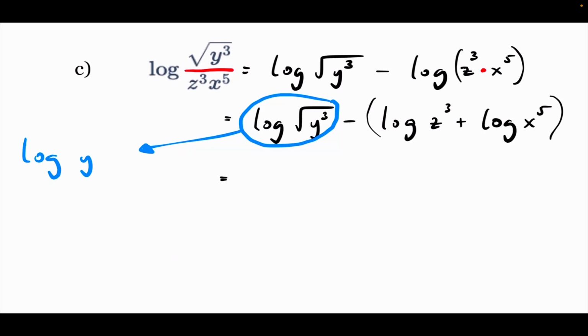No, you're close. What power would I have to give Y if I wanted to get rid of the root? 3 over 2. 3 over 2. Because 3, it's got the power, and then 2, you guys were saying 2. That's right, but it goes on the bottom. So this is the same as 3 over 2.